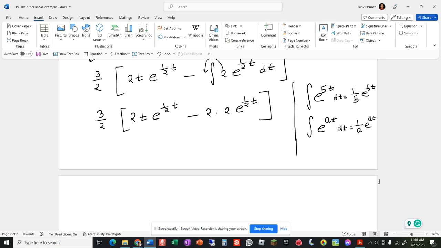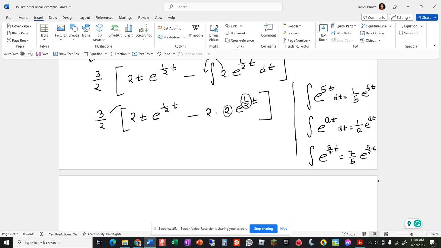For example, the integral of e to the power 5 over 7 t is going to be 1 over 5 over 7, so you can flip it. So you get 7 over 5 e to the power 5 over 7 t. And that is exactly what is happening. I have to flip this 1 half and that becomes 2.